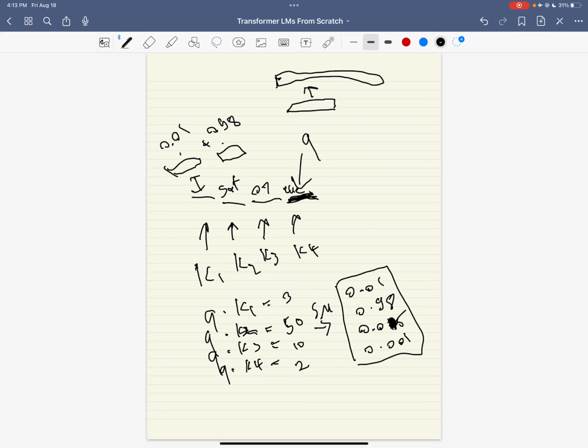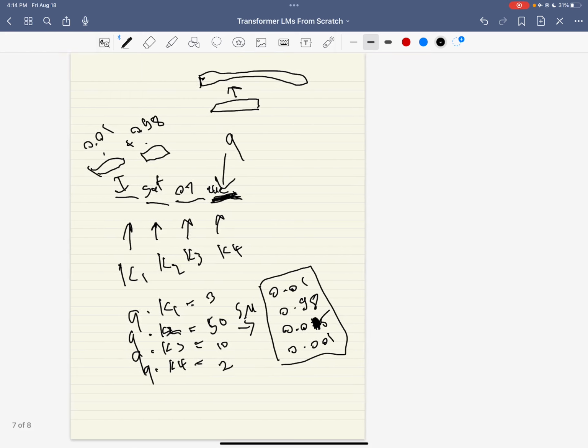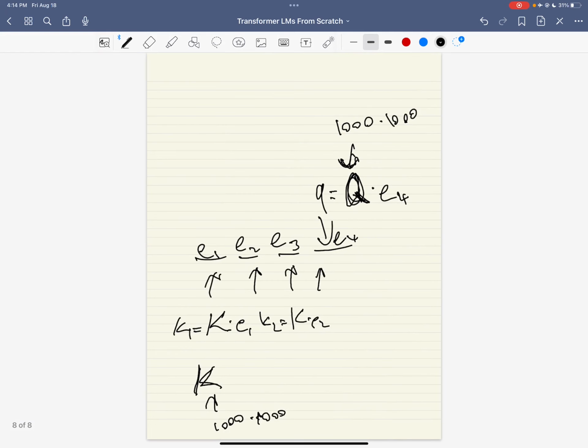If I shuffle the words Ophir taught Alex, you will not be able to recover whether the right order was Ophir taught Alex or Alex taught Ophir. And so in the original Transformer paper in 2017, they introduced this concept of position embeddings.